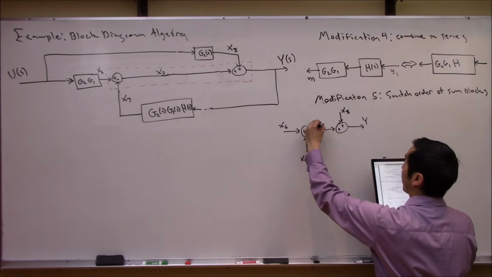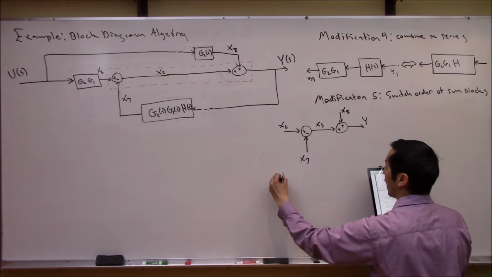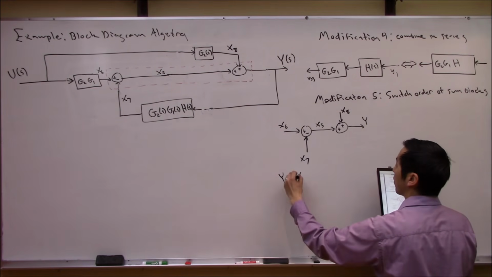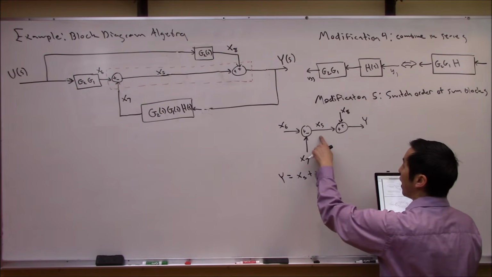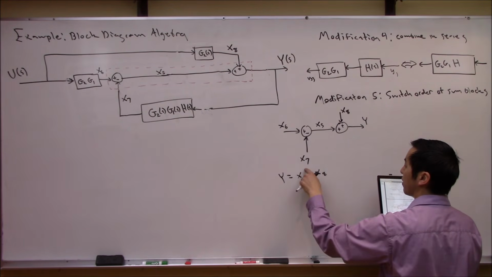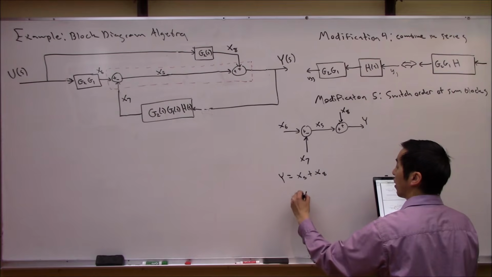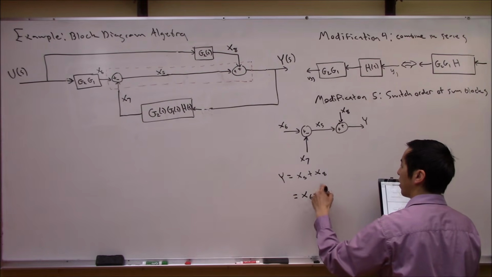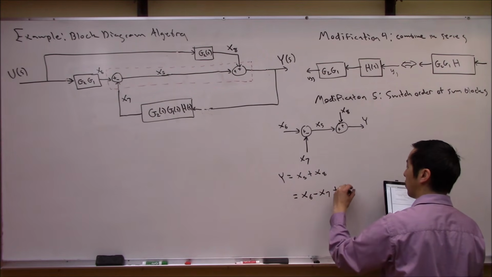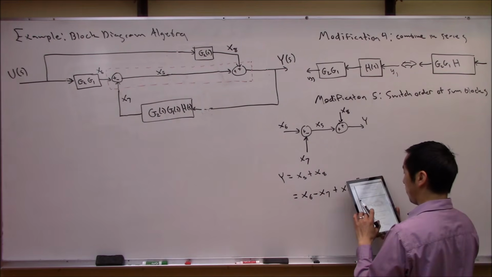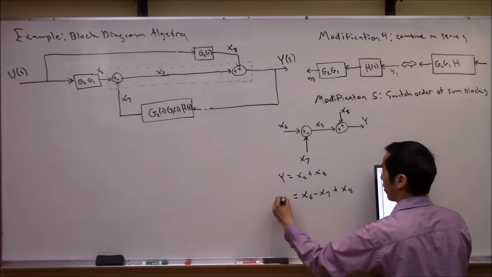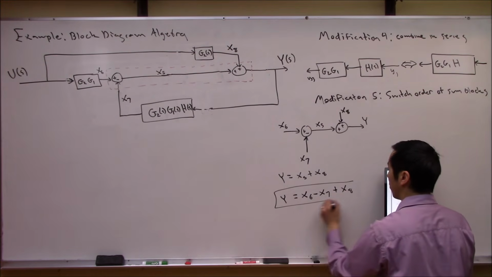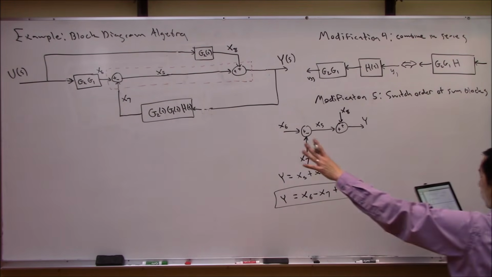So y is going to be x5 plus x8, right? x5 here is actually x6 minus x7. So this is x6 minus x7, and then plus x8, right? That's the relationship that is original here.